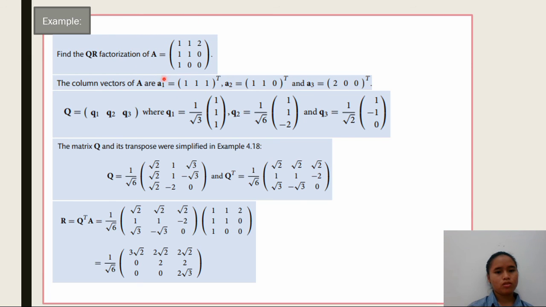So matrix A, we multiply by Q1, Q2, and Q3, where Q1 is this.